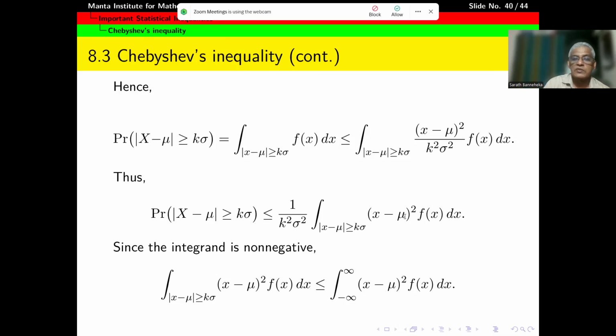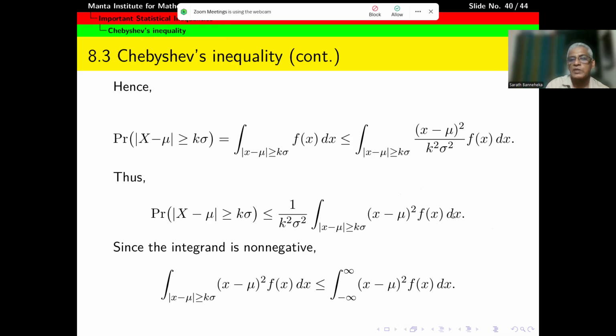You can see that this integrand is always greater than or equal to 0. Therefore, the integrand is non-negative. So this will be even less than or equal to the integration of this thing over the whole real line, right? That is, less than or equal to the integration of this quantity from minus infinity to plus infinity. So that's what you have here.